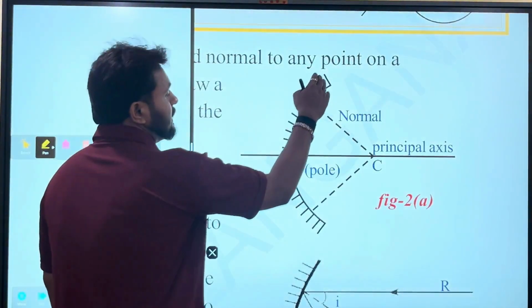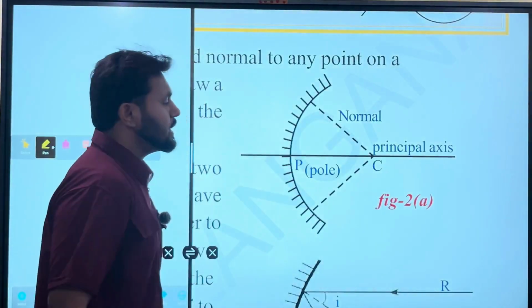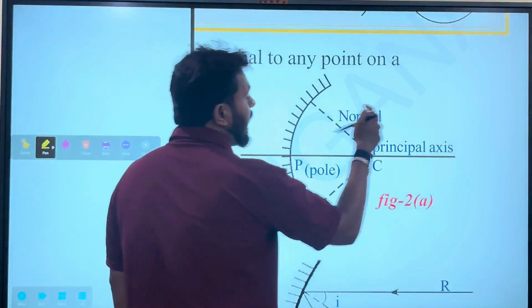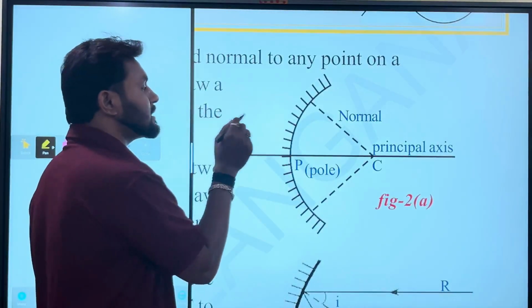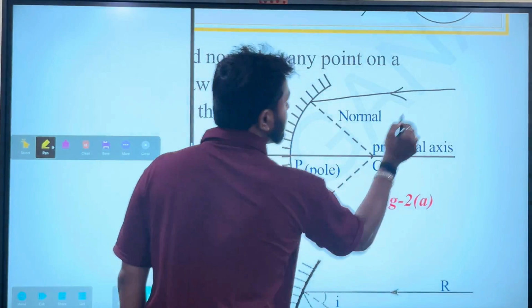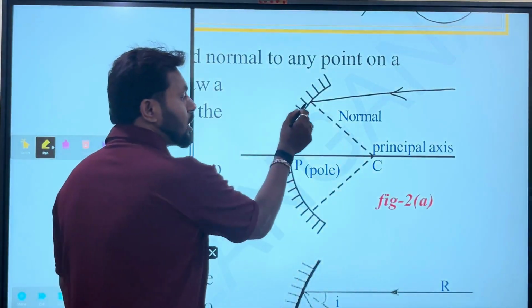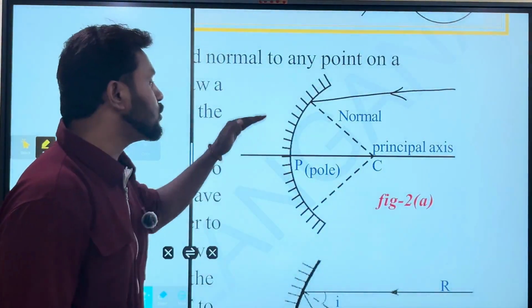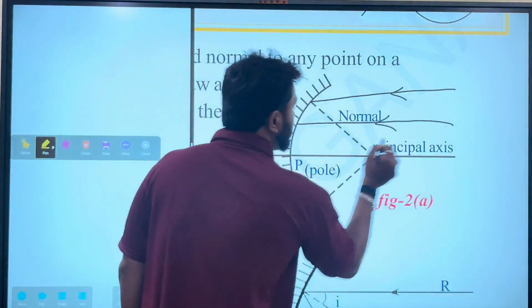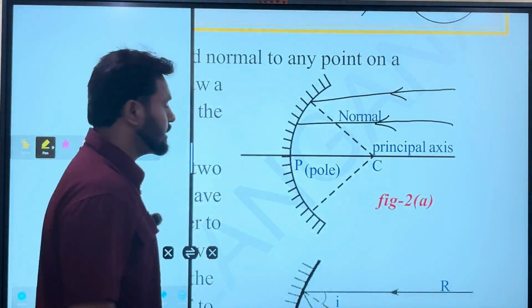Suppose this is a concave mirror. For any ray of light that is coming, there will be a normal line. Suppose this is a ray of light that is coming, it will have one normal, and the other ray that I have will also have one normal line.